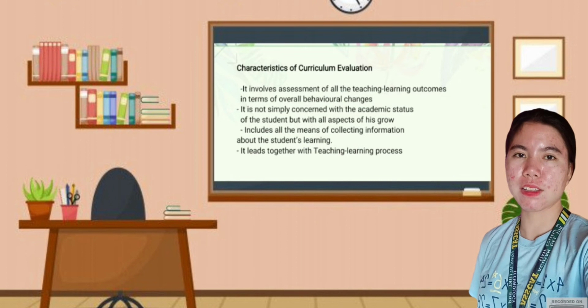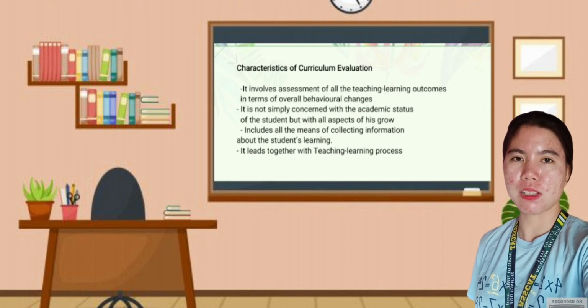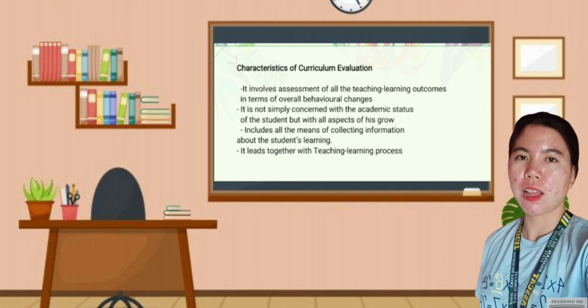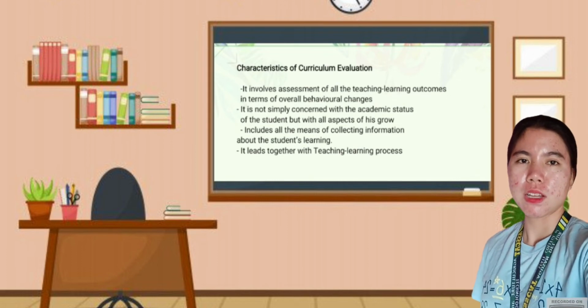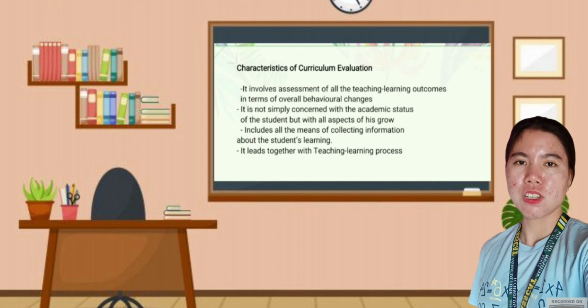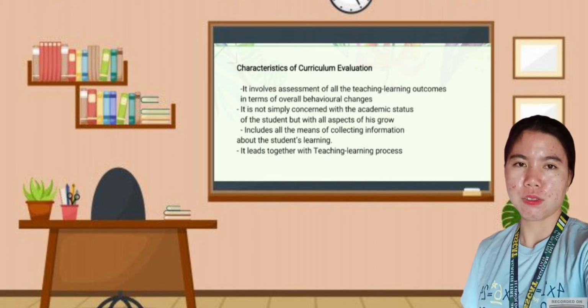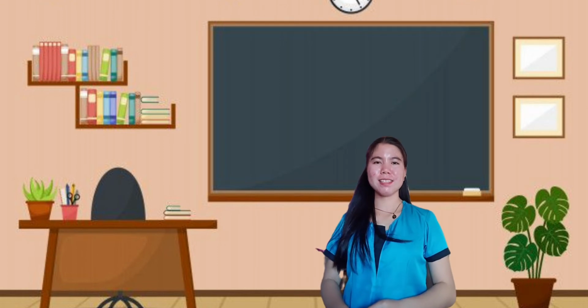It leads together with teaching learning process. So in general, about the characteristics of curriculum evaluation, it provides a means of obtaining information that can be used to improve and provides a basis for decision about curriculum adoption and effective use. I'm so glad that all of the group got the correct answer.